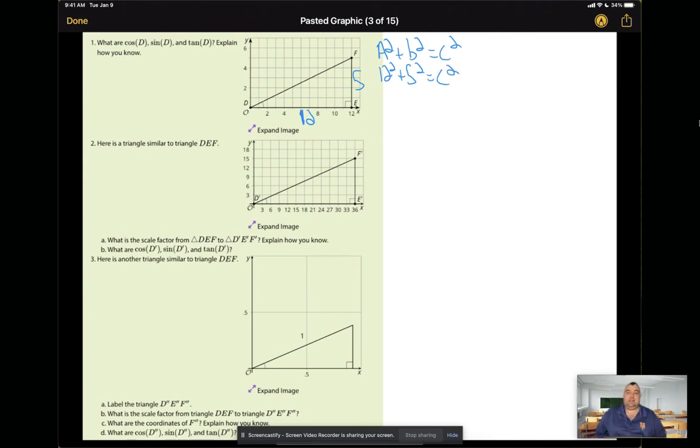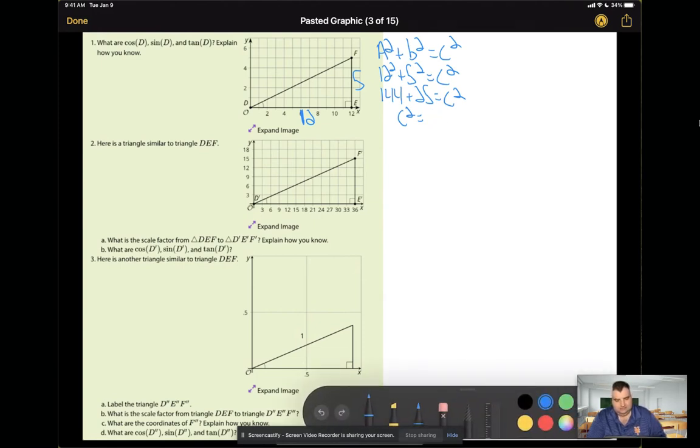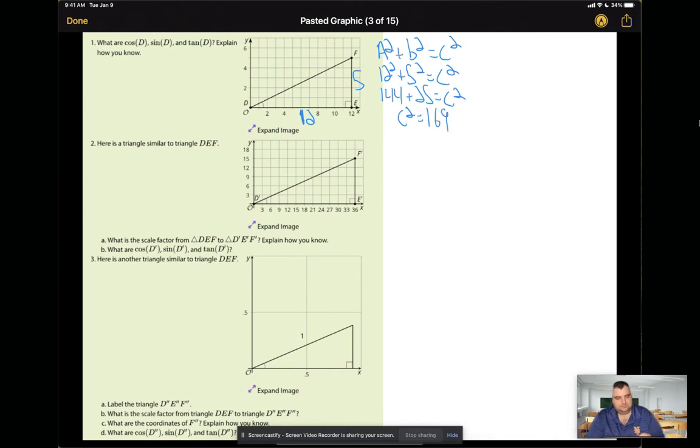Remember, c is the hypotenuse, so that is going to have to be the unknown value in this case. So this will be 144 plus 25 equals c squared. So this gives me c squared equals 169. So when I take the square root, c equals 13. So the length of the hypotenuse is 13.